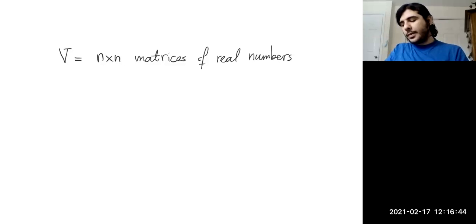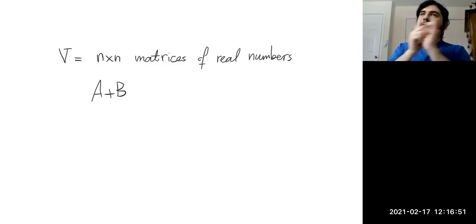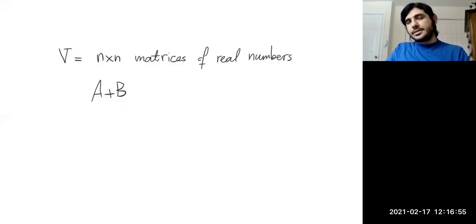So with the classical addition of two matrices, we would get a vector space.